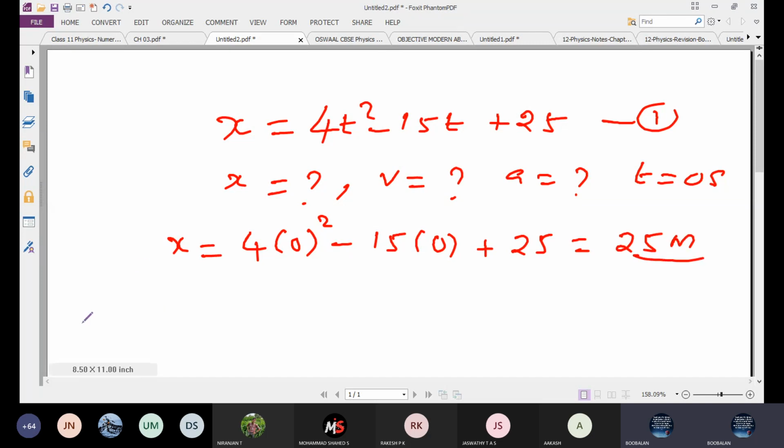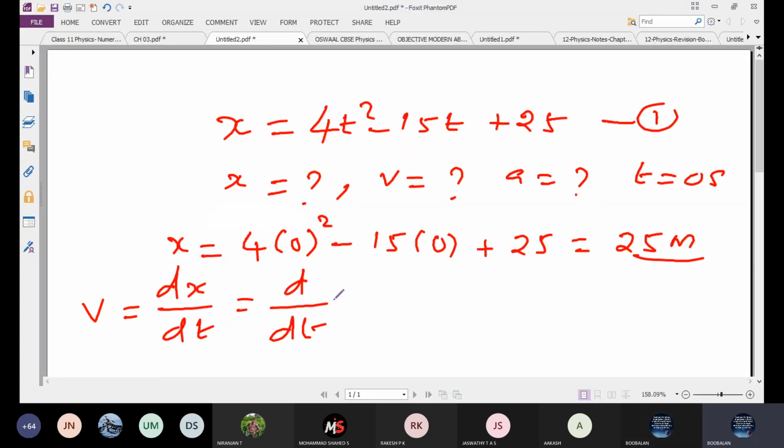Now velocity v equal to dx divided by dt. Now next step, d by dt of the value of x: 4t square minus 15t plus 25.